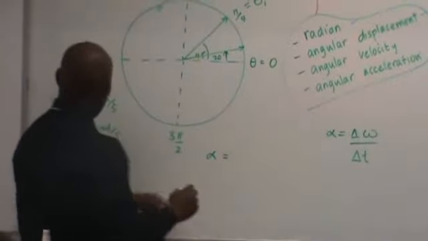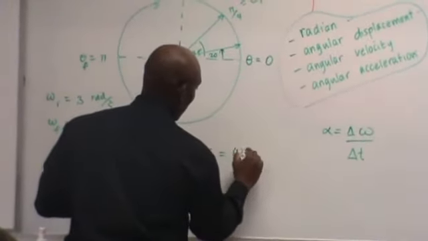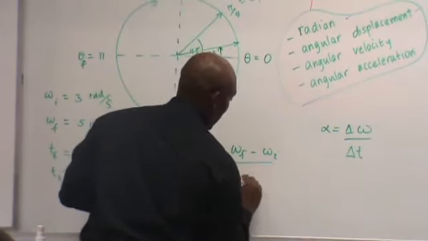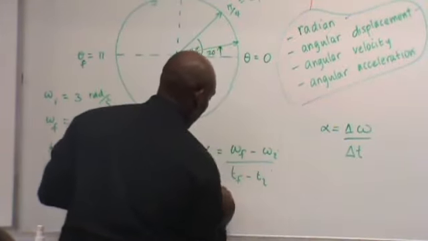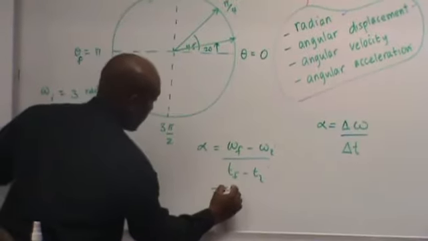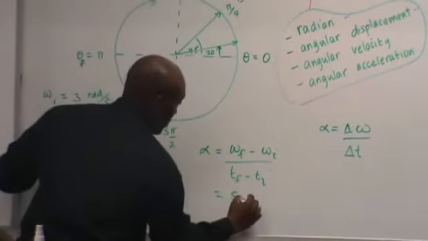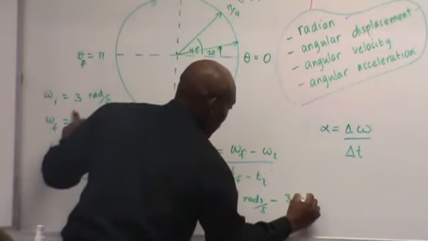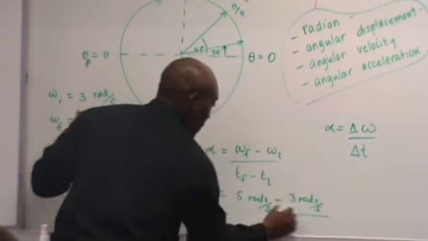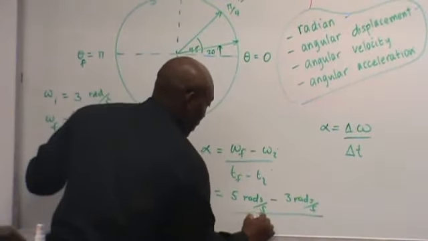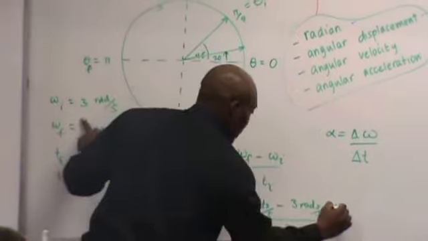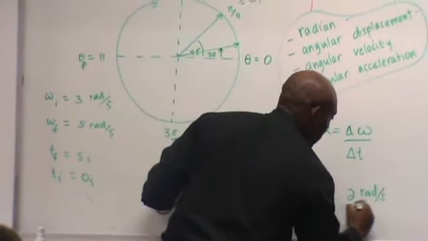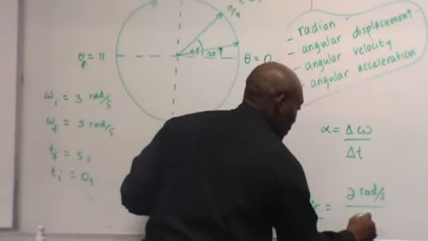Then our angular acceleration will be final minus initial: 5 radians per second minus 3 radians per second, divided by 5 seconds minus 0 seconds. It's going to give us 2 radians per second divided by 5 seconds.